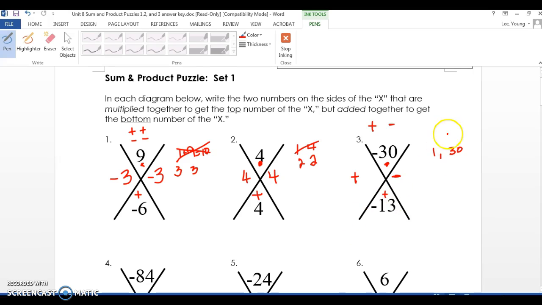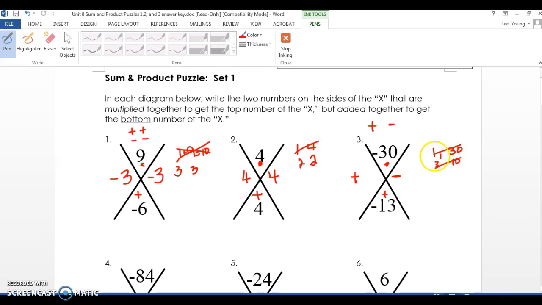So let's say 1 and 30, even though we put -1 or -30, does it make -13? Not really. Then let's try the next one. Some of you think automatically 3 and 10, but we need to make one of them negative. 3 minus 10 is not -13, so that's not it.